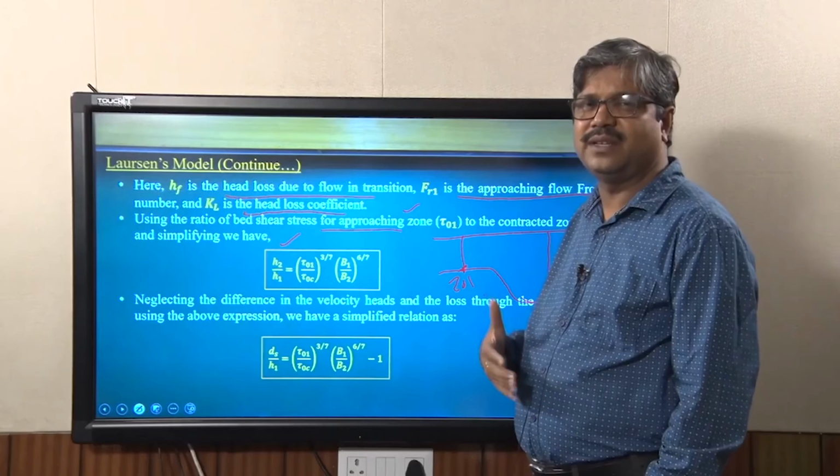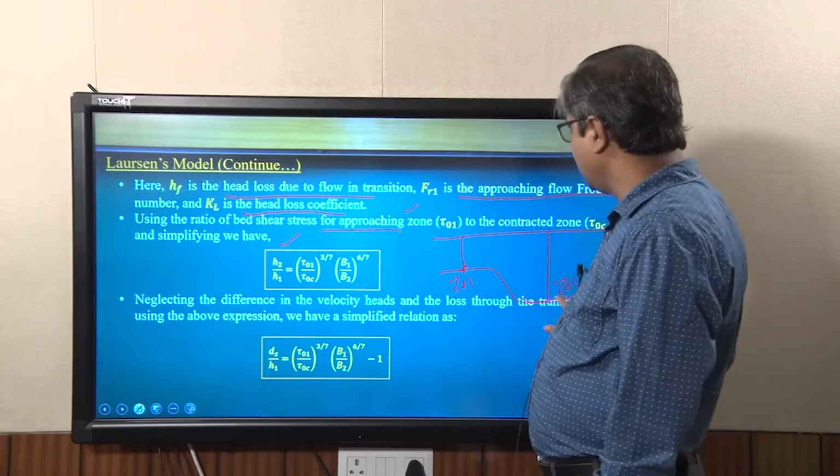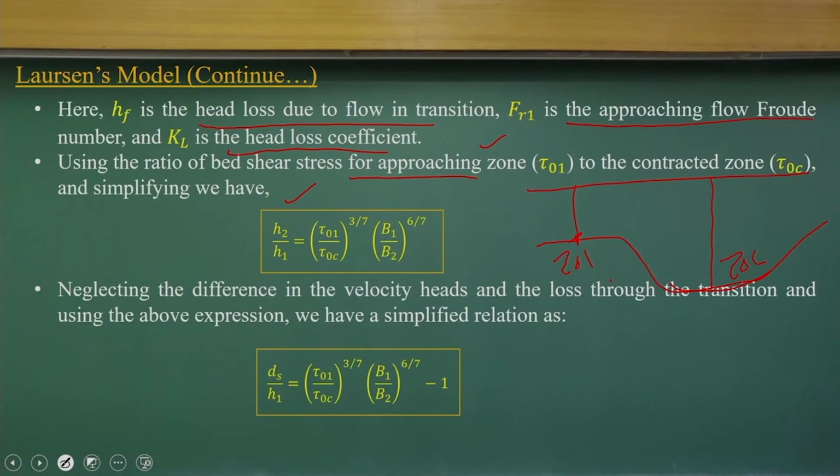The equilibrium condition is achieved when the bed shear stress is equal to the critical shear stress. If I use that and take care of H2, H1 and the other terms, I will have a relationship between H2 and H1. If I substitute it and neglect the loss component, we will have a simple relationship between B1, B2, the upstream shear stress and the critical shear stress, which we can compute from the bed material distribution, and we can compute the scour depth.